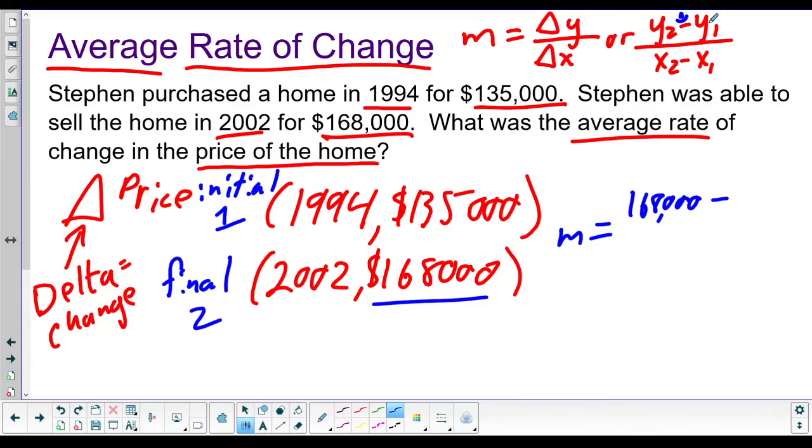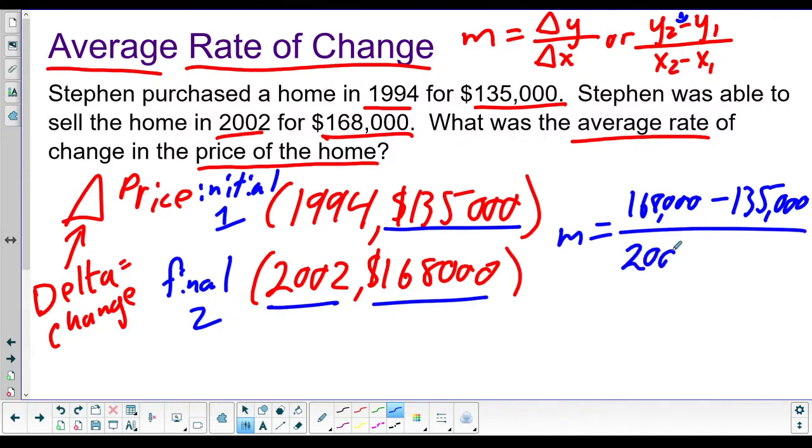It doesn't depend on what sign this number is. y1, so point 1, here's y, minus $135,000, over x2, so point 2, here's our x, 2002, minus x1, 1994.